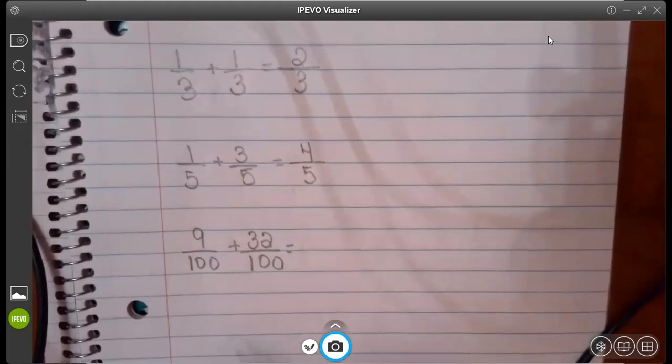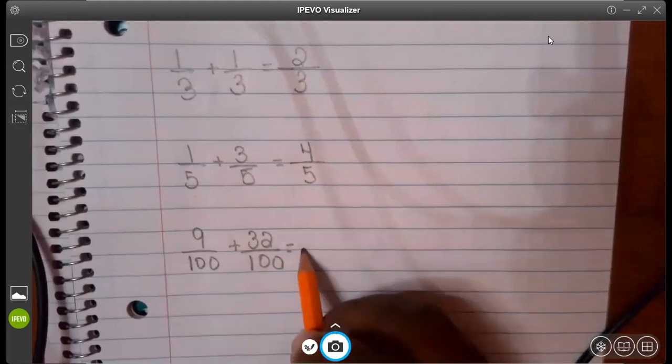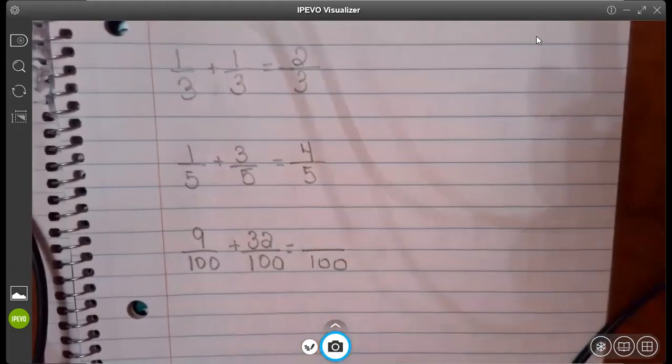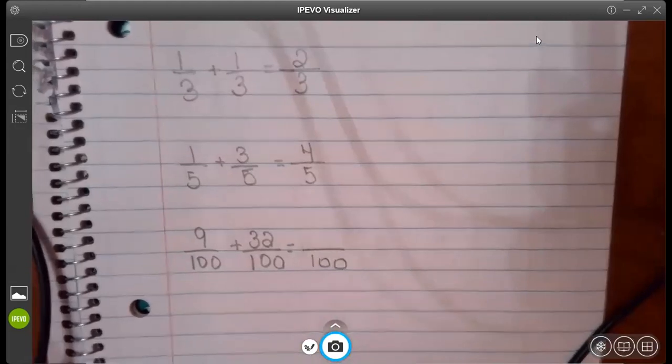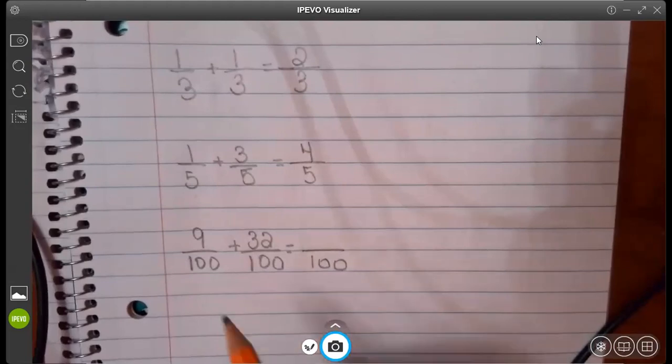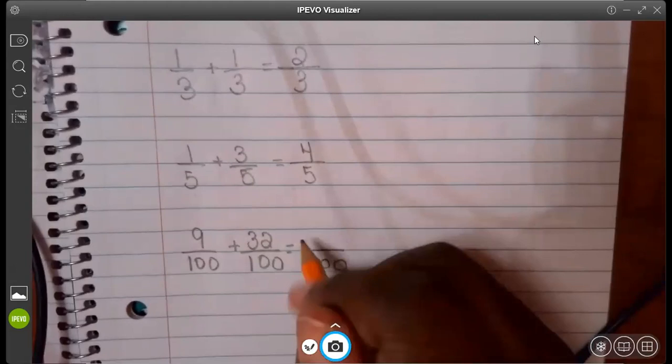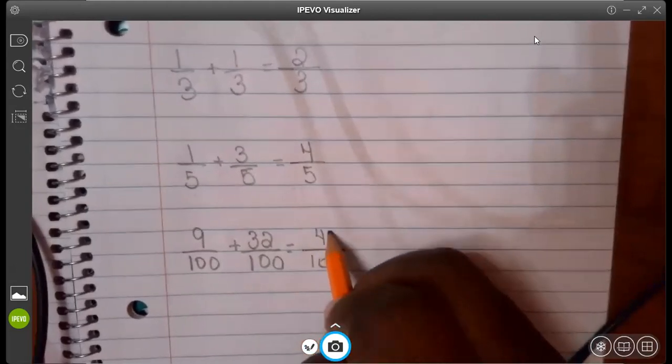We're just on adding and subtracting fractions that have like denominators. And in my answer, my denominator is going to be 100. Because again, I cannot add nor subtract my denominator. My denominator stays the same. Then I add my numerator. 32 plus 9 is 41.